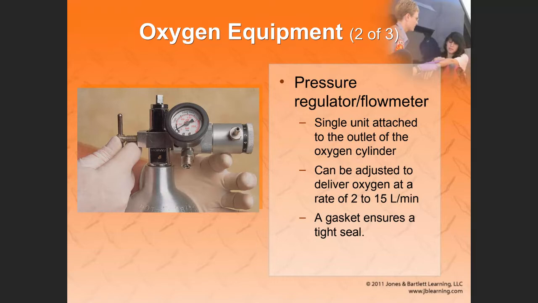So anything below 8 liters per minute is considered low flow. Anything above 8 liters per minute would be considered high flow. Now, keep in mind that there are certain patients in which high flow oxygen administration can cause more harm than good. So again, if it is not indicated, it cannot be administered.